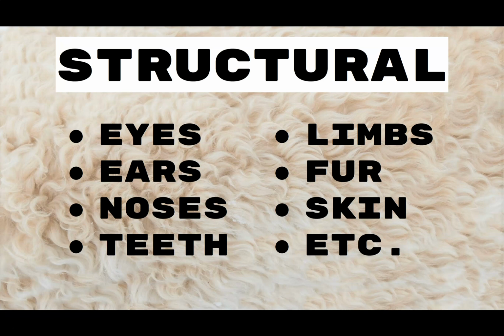So these are just some of the most obvious body parts that are different for every creature and help them to survive. But every part of an animal's body is helping it in some way to survive in its environment.